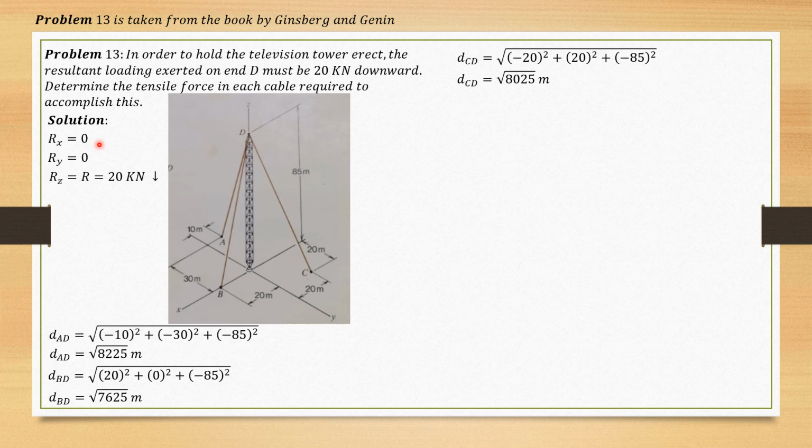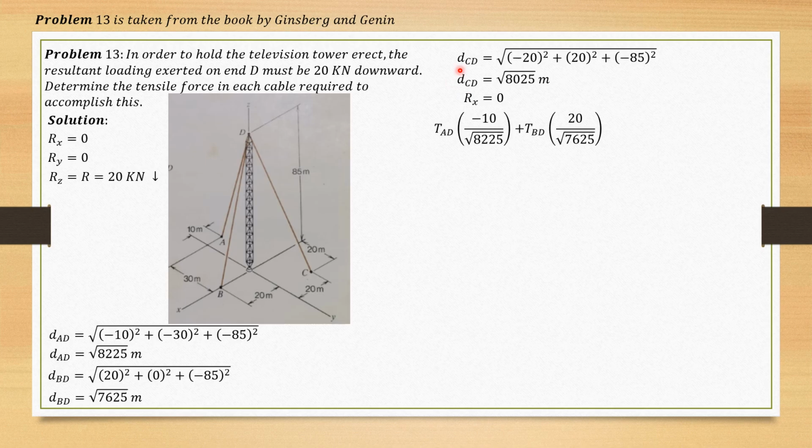So first, let's set up the equations. Rx is 0, so the summation of forces along X is 0. Let's begin with AD: magnitude of tension AD times the X component of distance, negative 10, divided by distance square root of 8225. The X component of BD is positive 20, so magnitude of tension BD times positive 20 divided by square root of 7625.